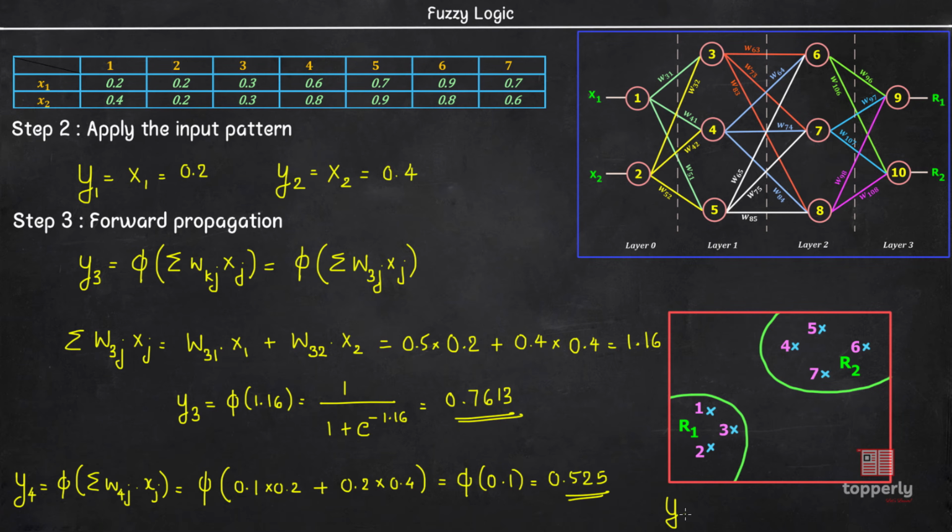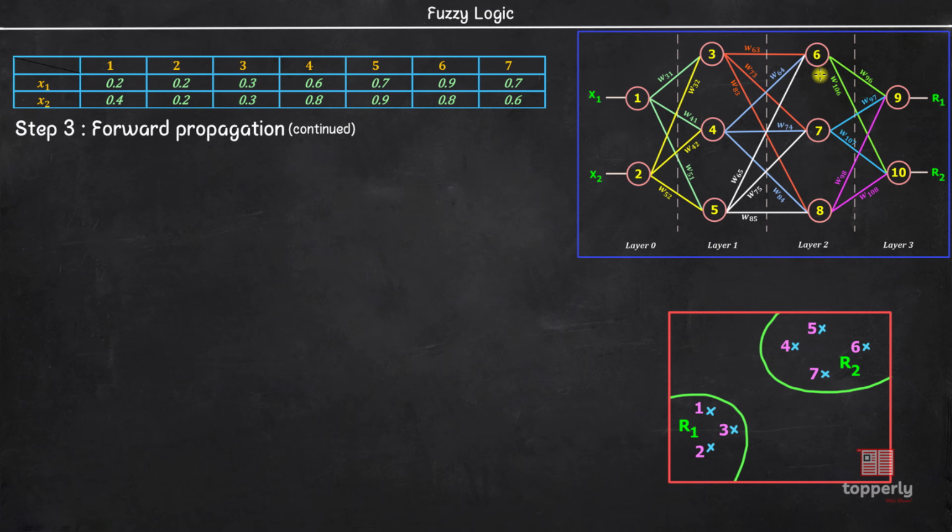Similarly, you can get y5 equal to phi of sigma w5j into xj, which is equal to phi of 0.2, which is equal to 0.5498.